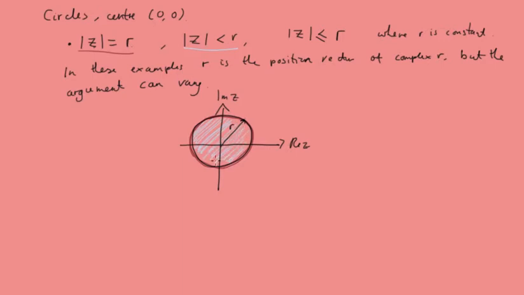So it's this inside the circle. But for the modulus of z less than or equal to r, it can take both. It can take both the circular route round here, but it can also take the values in the middle.